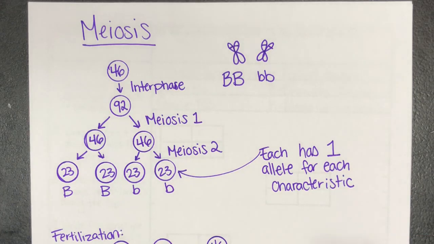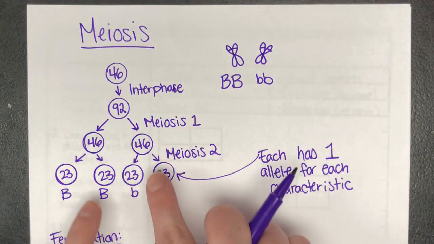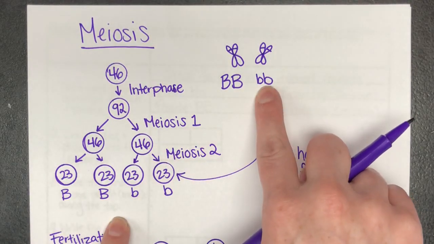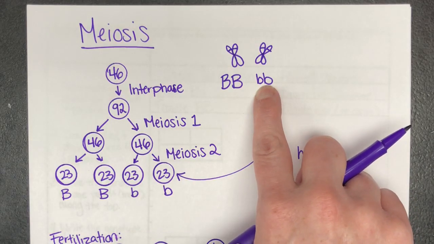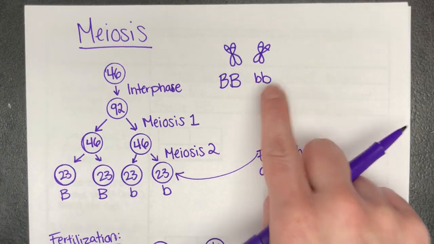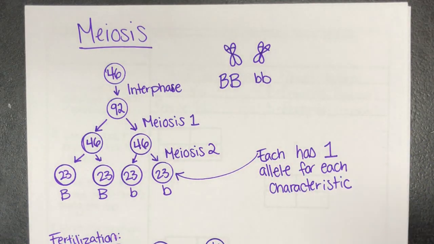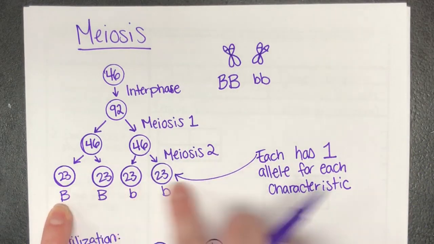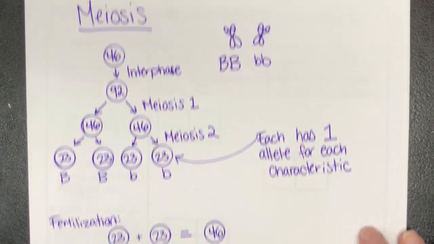Now this is where we get the combinations that we're looking for in Punnett Squares. Punnett Squares allow us to say, okay, if mom had a big B and a little b to start with, and dad had, say, a big B and a little b to start with, what combinations are possible given this separation, okay?